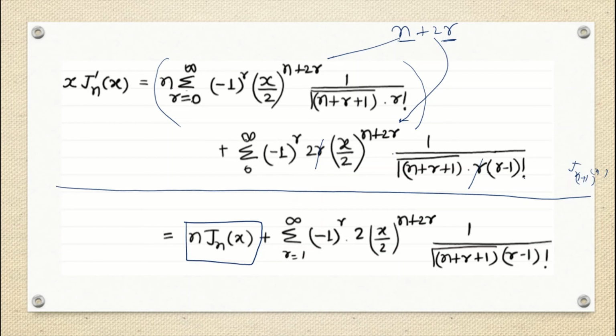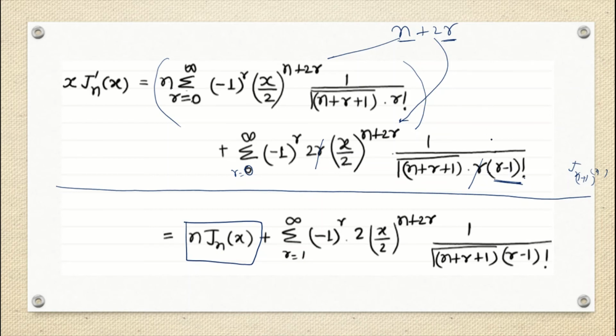So what I can see here, this is sigma, that is r equals 0 to infinity, minus 1 to the power r, and then x by 2 to the power n plus 2r, and this is nothing but 1 by gamma n plus r plus 1, and then factorial r minus 1. Okay, factorial r minus 1, when my series starts with 0, is actually undefined.